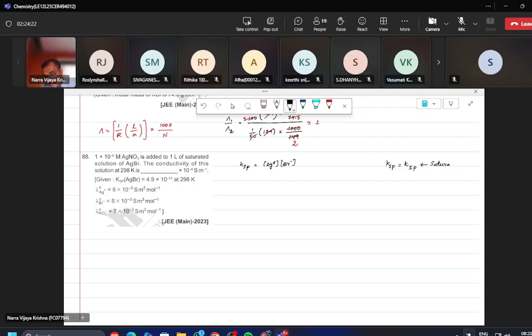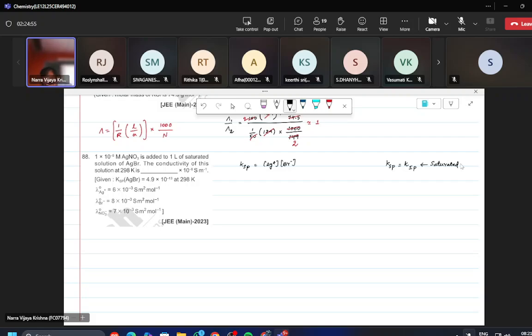If KIP becomes greater than KSP, the ion concentration is more than what it should be, so precipitation occurs. If KSP is greater than KIP, unsaturated.